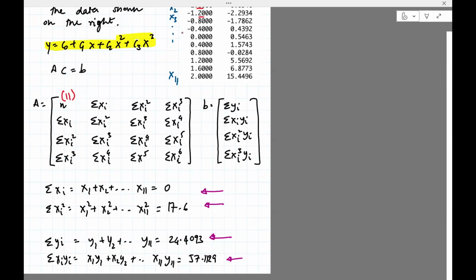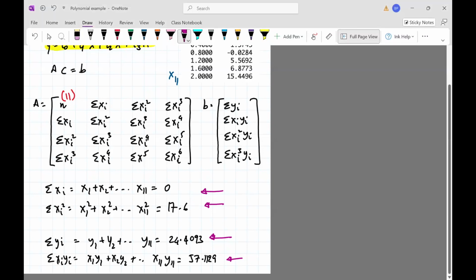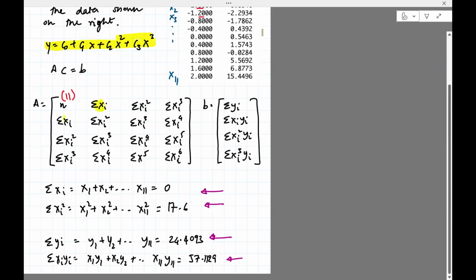Okay, so once you do this calculation for each of these terms, it's a 4 cross 4 matrix. Luckily, you don't really have to do 16 calculations, because there are 16 elements. You can see that this and this are the same, and this one and this one are the same. So you only need to compute a few of them. I think you need to go x cube, 4, 5, and 6. That's it.